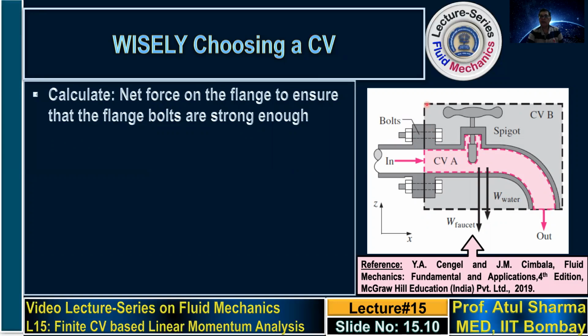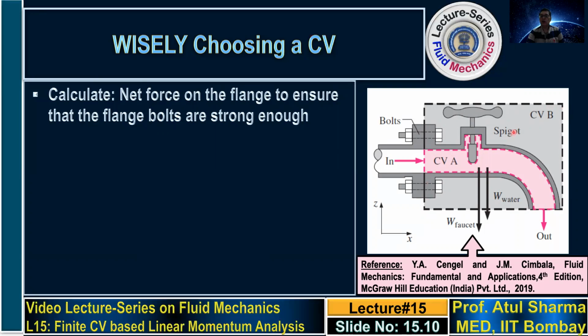Whereas if you take the black dashed line based control volume, it is cutting these nuts and bolts, and within control volume B you not only have fluid, but you have a solid also. These are finite control volumes, and we are doing finite control volume based momentum analysis.